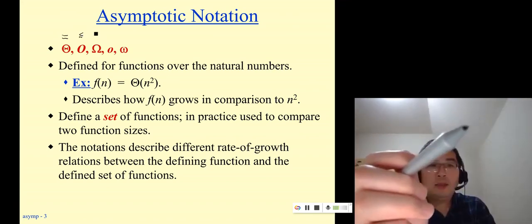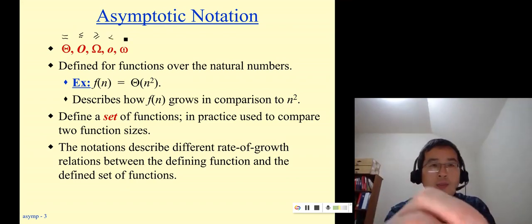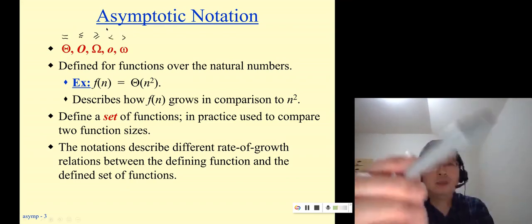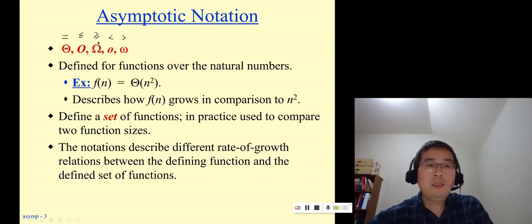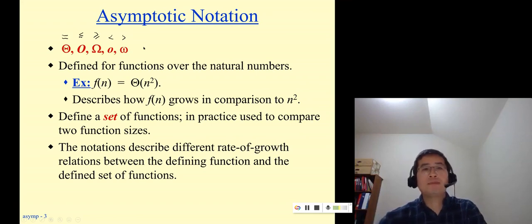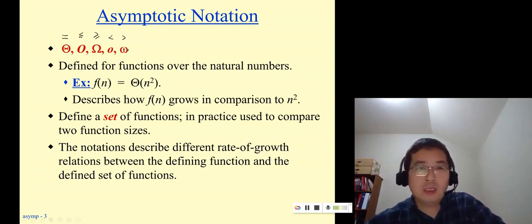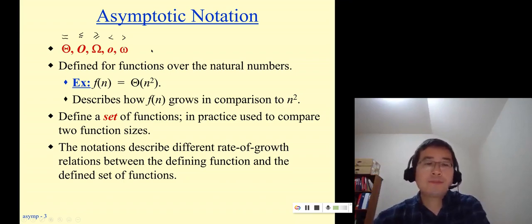This one is larger or equal to. This is less, this is larger. So upper bound, tight or not tight, and the lower bound, tight or not tight, and this one is the upper bound, this is lower bound. Okay, we explain this one by one.